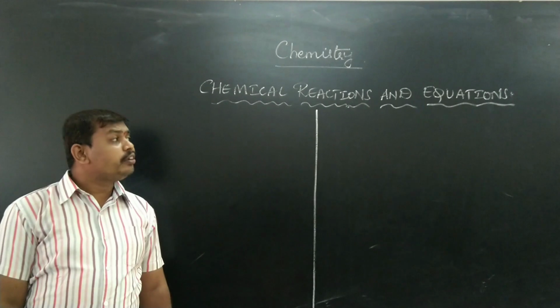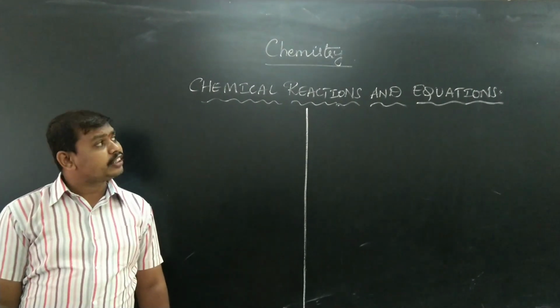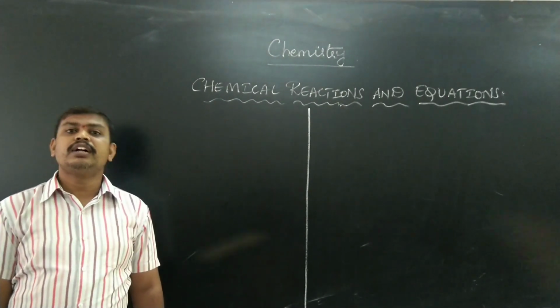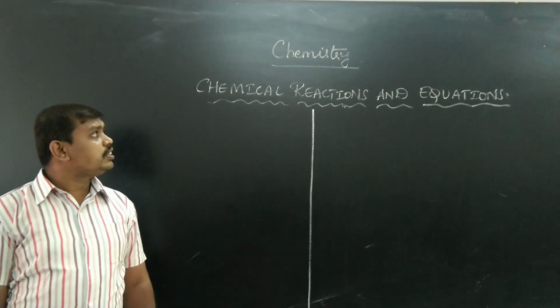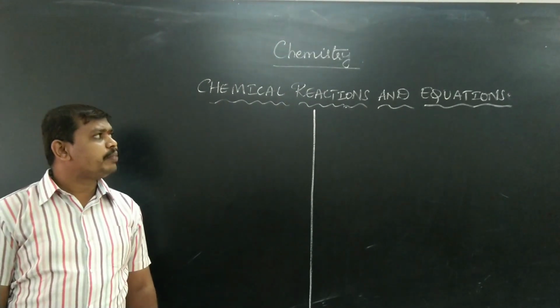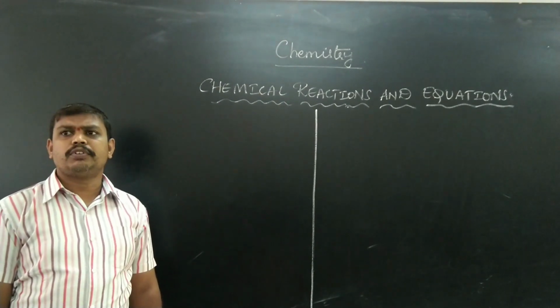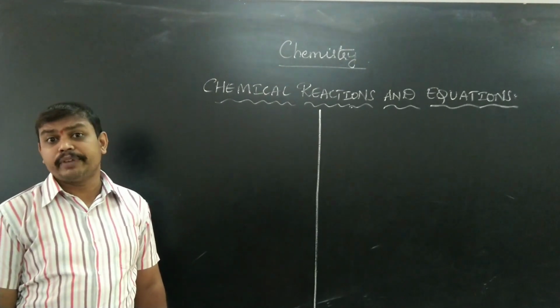Generally, you have learned about chemical reactions and equations right from the 6th standard onwards. Okay, what is generally a reaction? What is meant by an equation? First and foremost, we should know these, because these are the basic things.